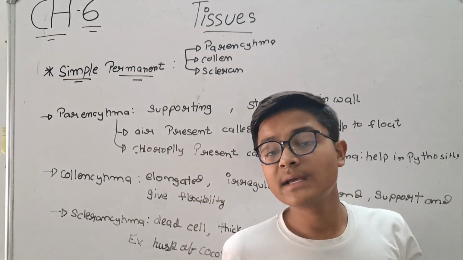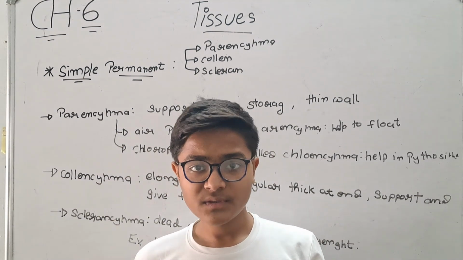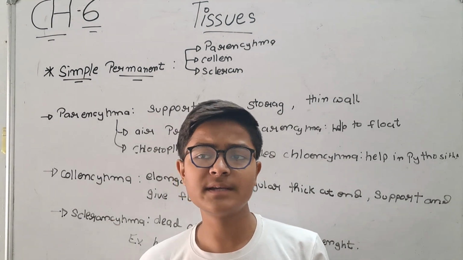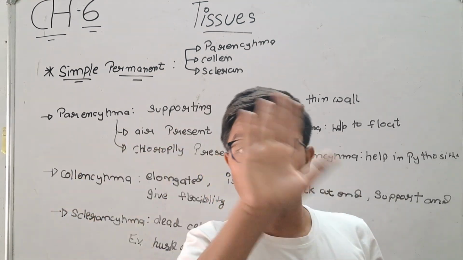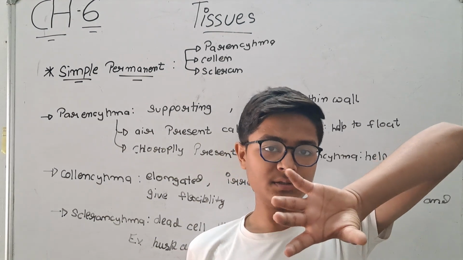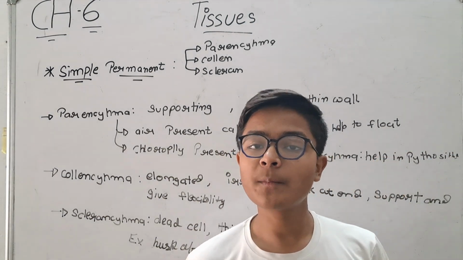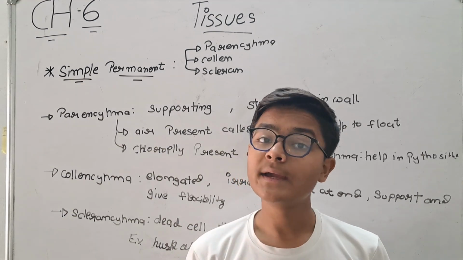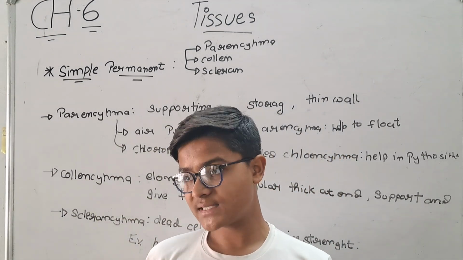You notice that if there is a storm or rainy season or the wind increases its speed, the plants move like this, but they do not break and fall down. Why? Because collenchyma is present. Students, collenchyma gives flexibility.